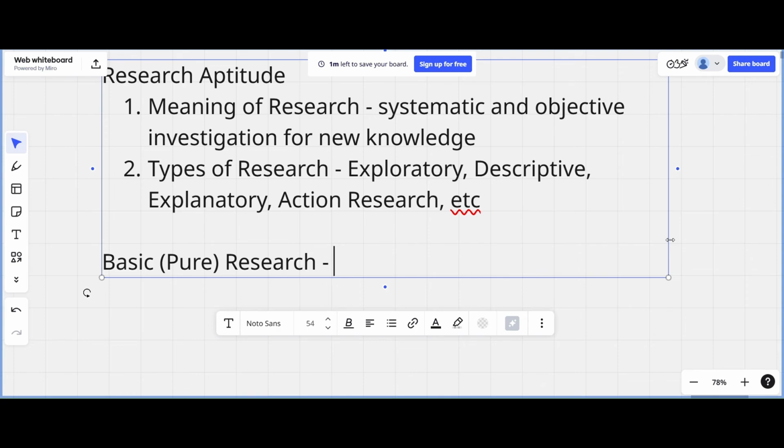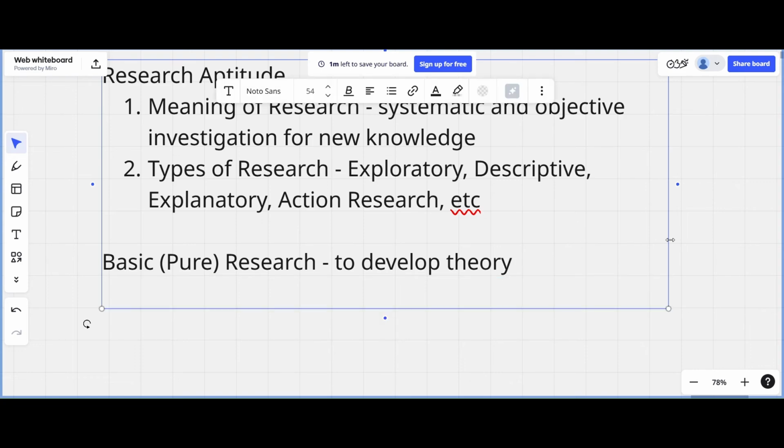That is known as basic research. Do you get it? It is just for increasing knowledge, to develop theory, like black hole theory or quantum theory. This is known as basic research, just to increase your knowledge.